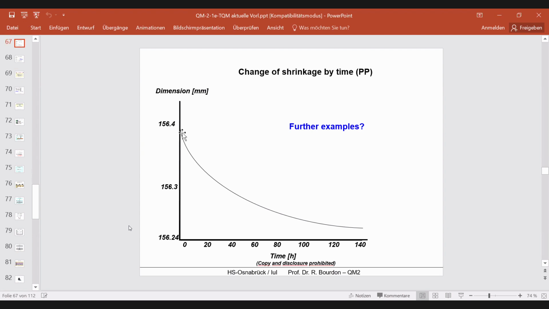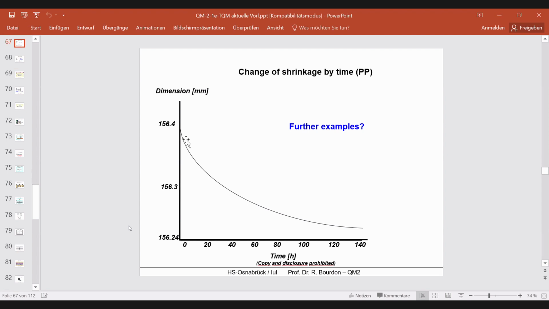When it is at room temperature, then it starts the shrinkage process, and the shrinkage process means that the dimension would become smaller and smaller. And this lasts in this example until 140 hours. After 140 hours, these parts have their end dimensions. So this means it depends on the point of time when you measure the parts.